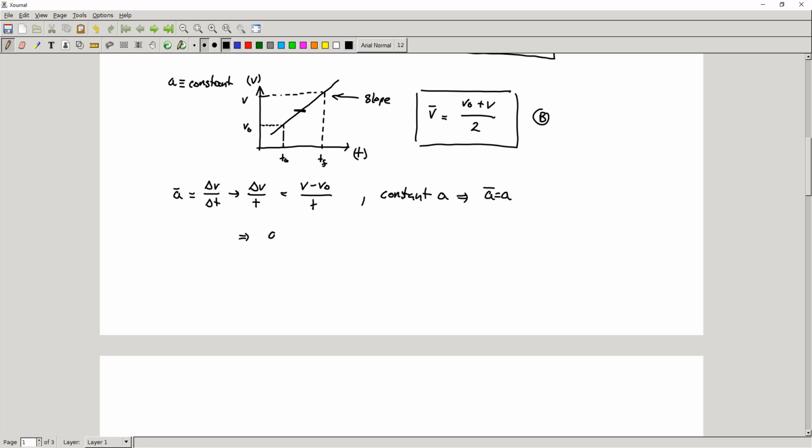We end up with a is equal to v minus v naught over t, and we can rearrange that. One more rearrangement here, and we end up with an expression in the form that we're going to want to use. That should be a v naught. Perfect. And this is our third equation that we're going to find useful.